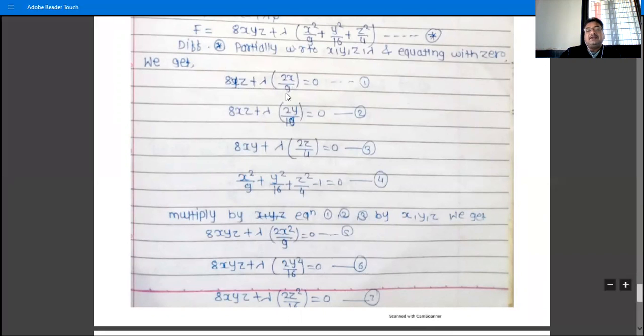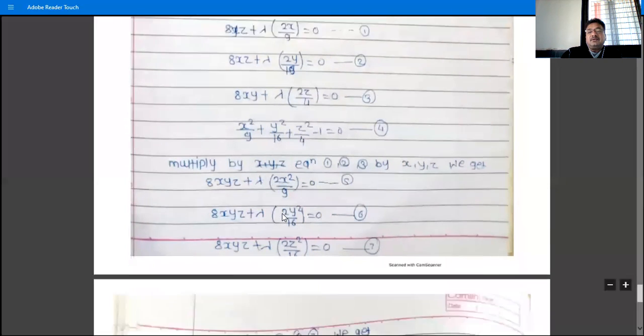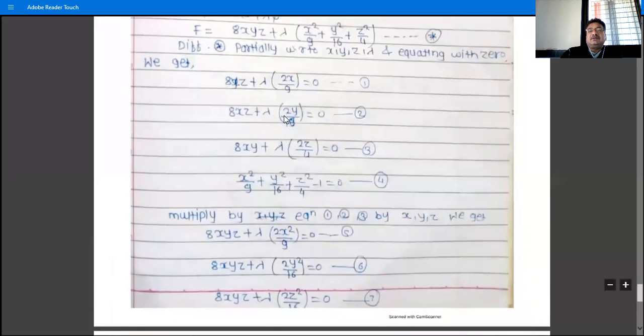Here we have x from this equation, but in terms of lambda and y, z, so it is not possible to find the value of x in terms of just lambda, free from y and z. Therefore we apply another method for this example. This is the Lagrange's method.